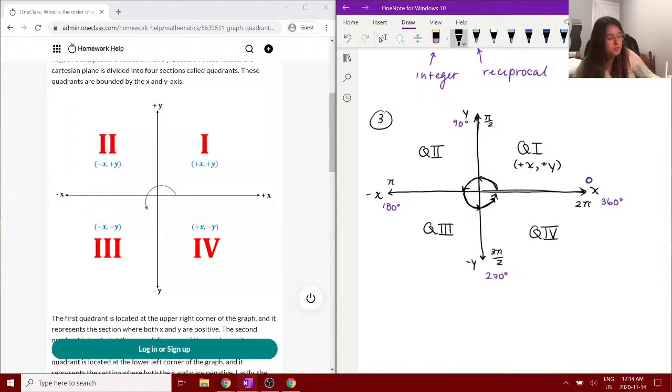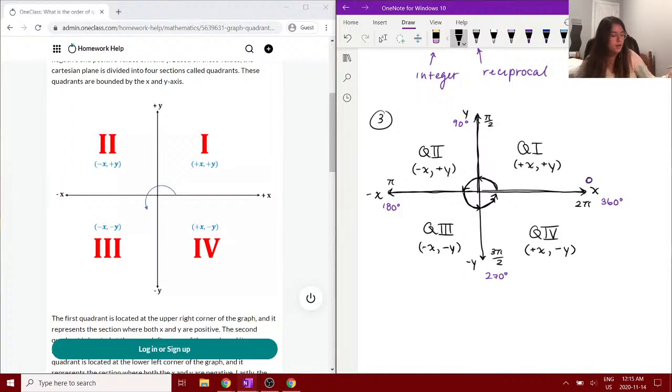In the second quadrant, we're still in the positive half of the y-axis, but now we're in the negative half of the x-axis. So we have negative x and positive y. The third quadrant, we have both negative x and negative y. And in the fourth quadrant, we have positive x and negative y.